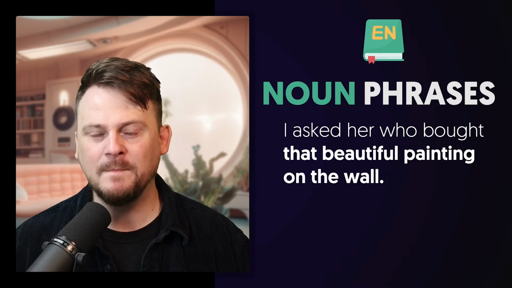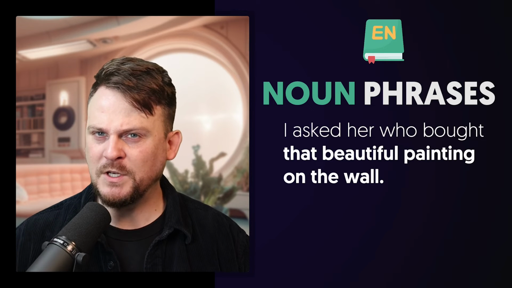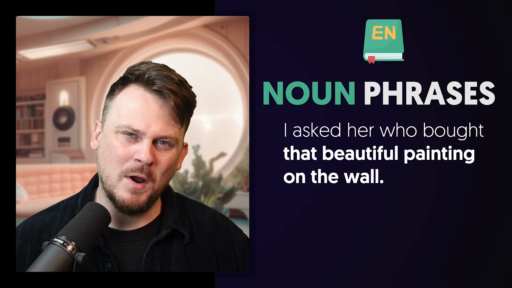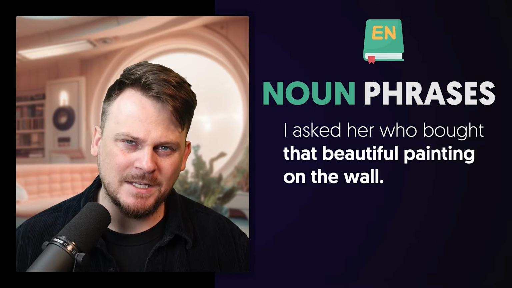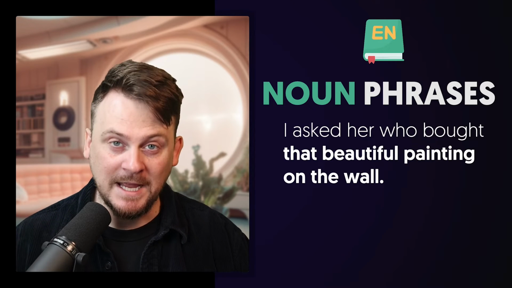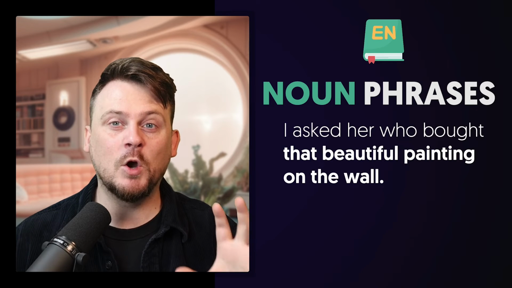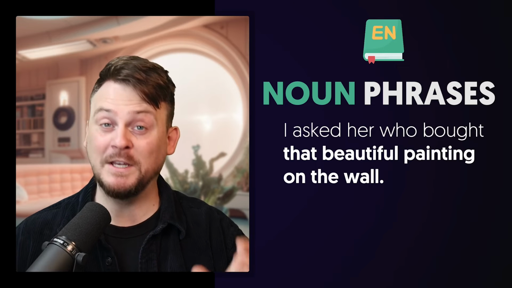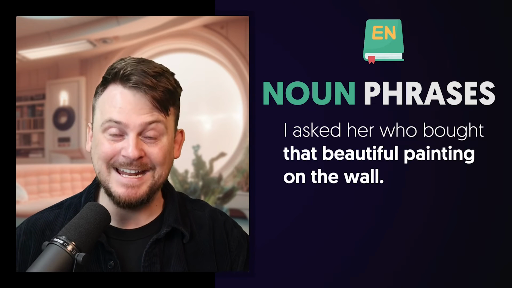Beautiful, okay, basic adjective, modifying painting. On the wall, prepositional phrase. But now we have to ask ourselves, is that prepositional phrase telling us something about the painting? Yes, it is. And so we can say that that whole thing, painting is the noun, that is the determiner, adjective beautiful, and modifier on the wall, which is a prepositional phrase. So it's a prepositional phrase and it is a modifier.